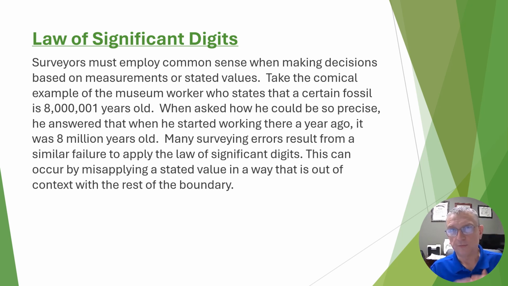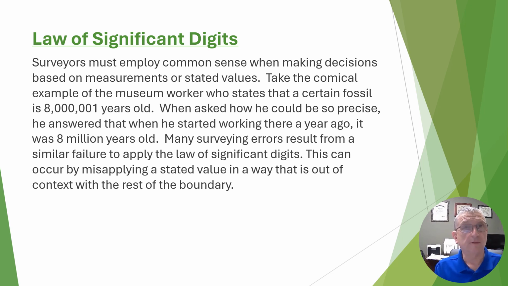So you've got to think about that. It also applies to bearings. If the deed says north 12 degrees east, that's somewhere between 11.5 and 12.5 degrees. It does not mean 12 degrees, 00 minutes, 00 seconds. Do not invent significant digits that do not exist.